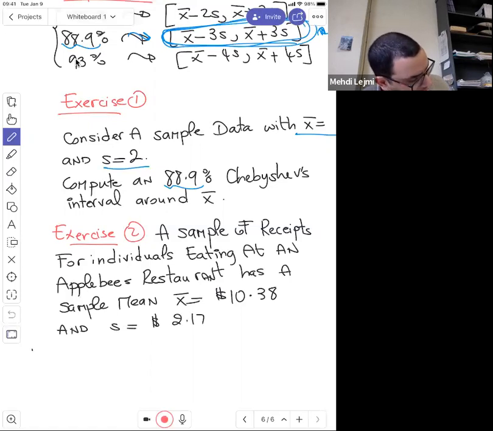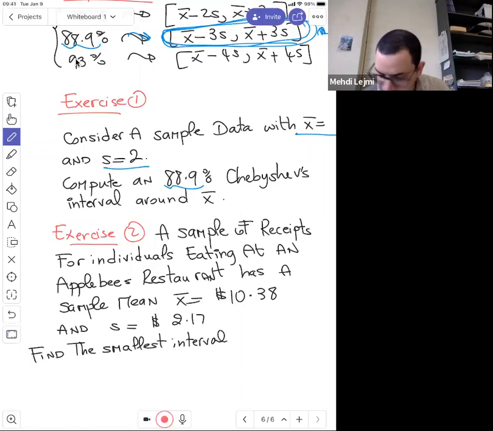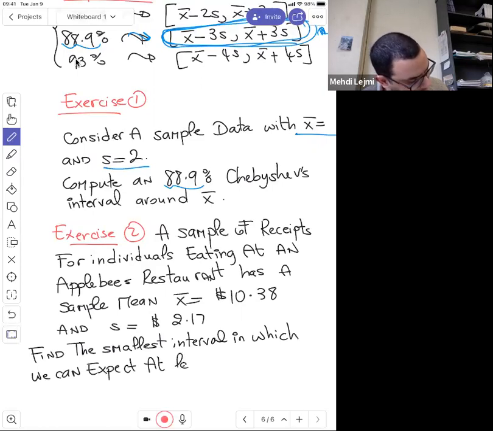The question is: find the smallest interval in which we can expect at least 75% of the meal receipts to fall.